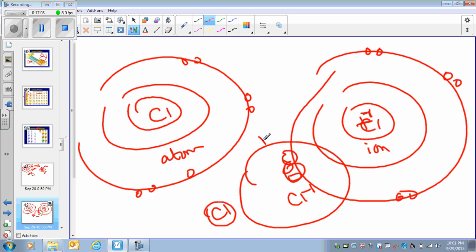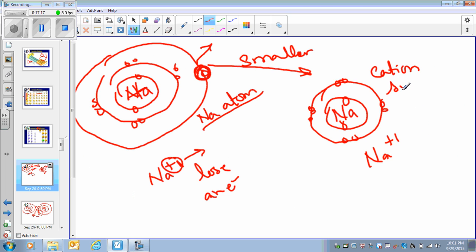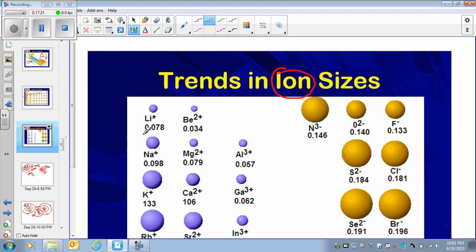So all of the anions get bigger in size compared to their atoms, whereas all of the cations are smaller in size compared to their atoms. You see here, all of the metals become smaller in size, whereas the non-metals become larger in size.